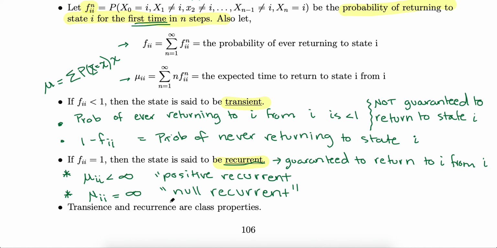Okay, another interesting observation is that these ideas of transience and recurrence are class properties. So any states in a particular communication class share this property: they're all transient or they're all recurrent within a communication class.